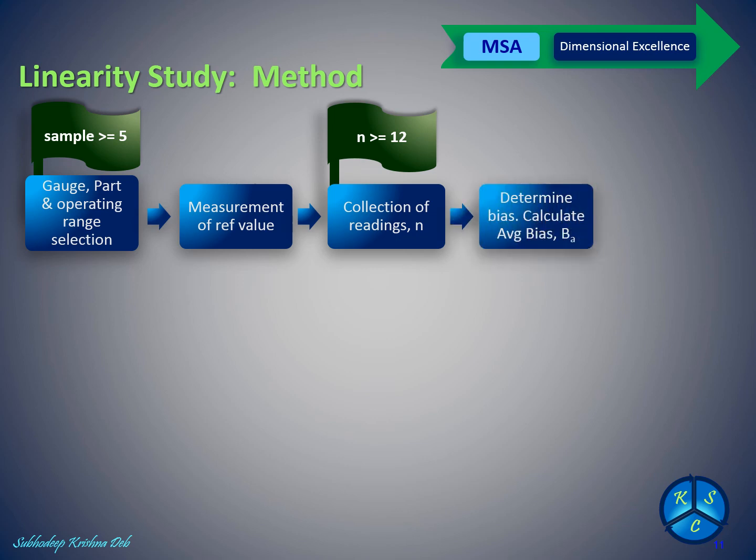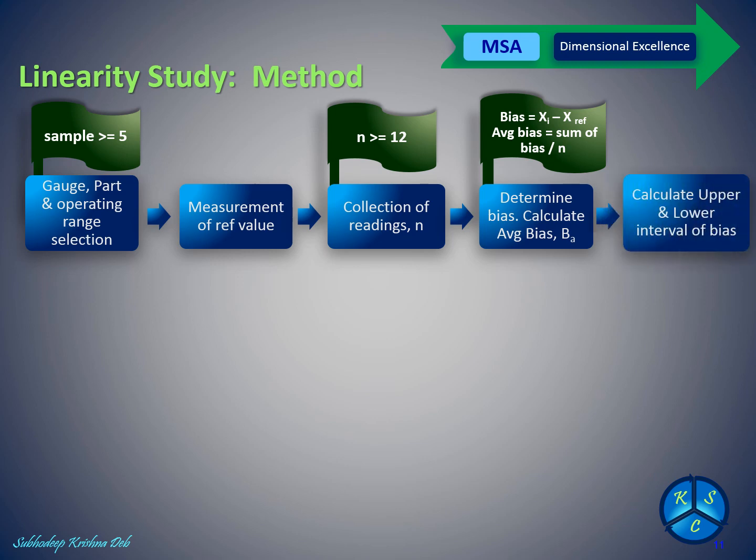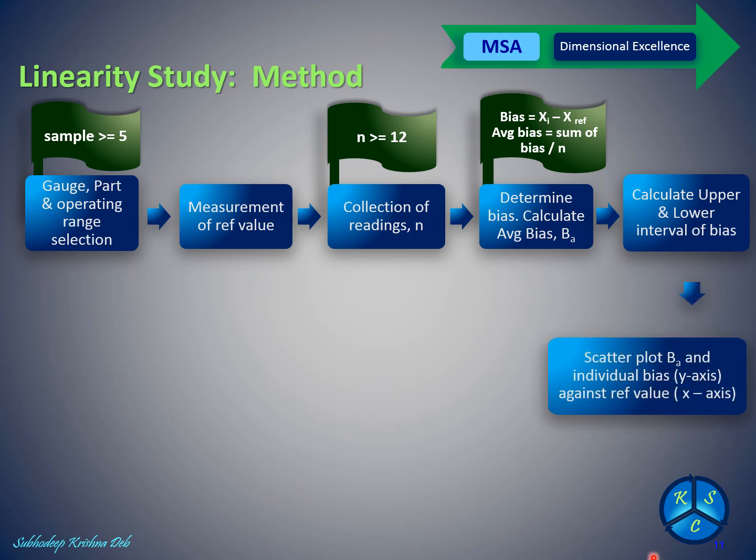Okay, after that, similar to the bias study, we have to calculate the bias, then we have to calculate the average bias, and we have to do all the calculations that we have done. Ultimately, we have to compute the upper and lower interval of the bias. After that, there are some differences which will happen in the linearity study.